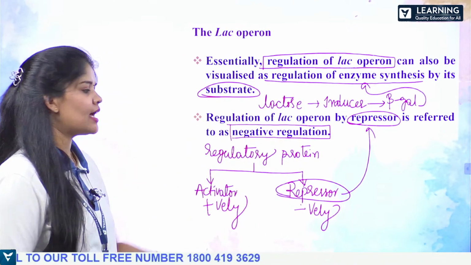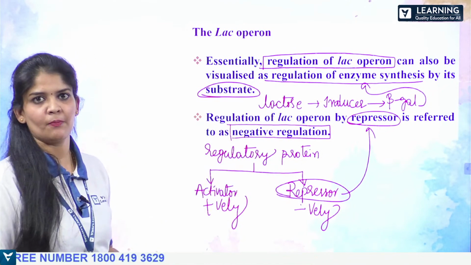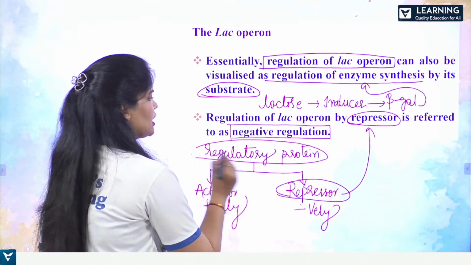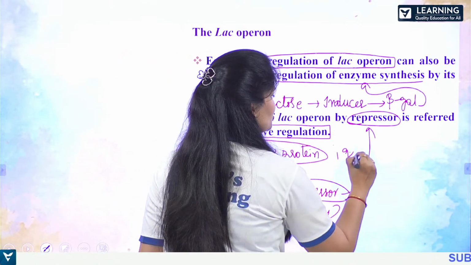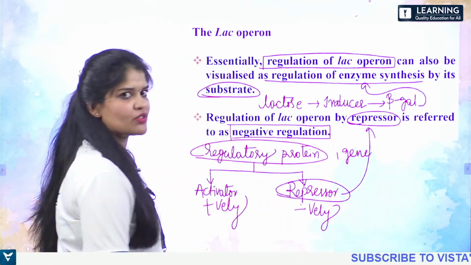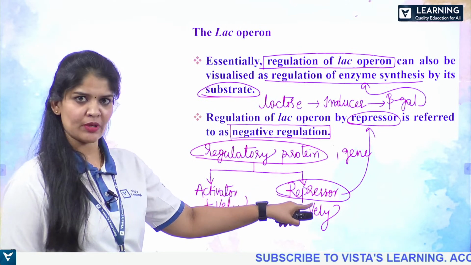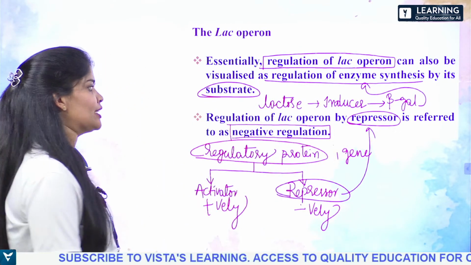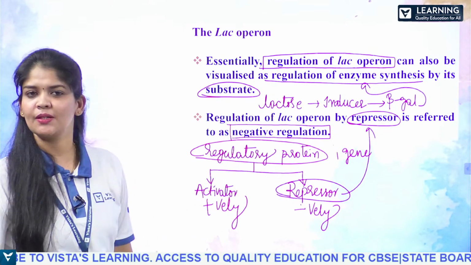We call it negative regulation, because the regulatory gene is transcribed and translated into a repressor, and this repressor protein binds to the operator of the lac operon. That is what shows the negative regulation.